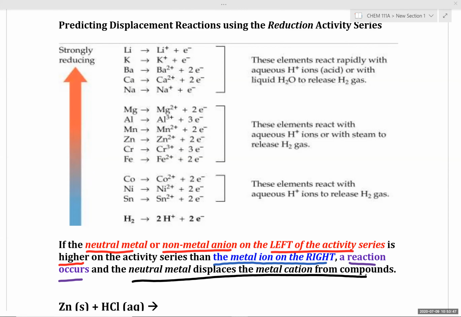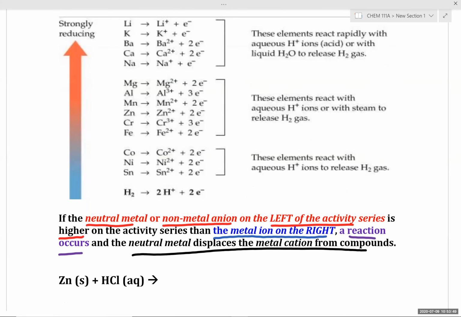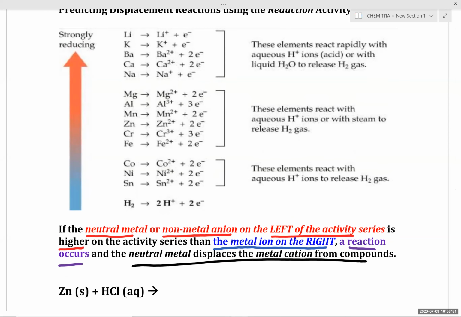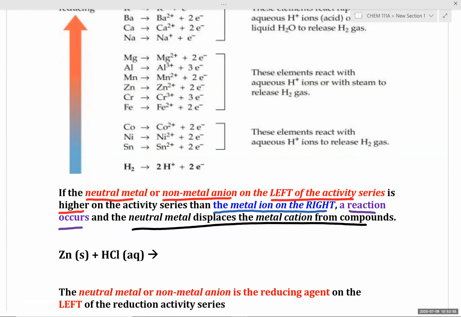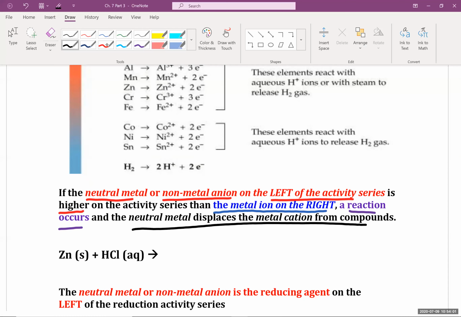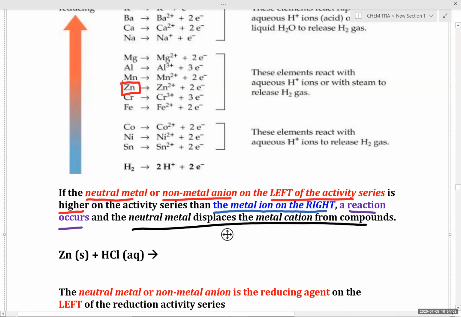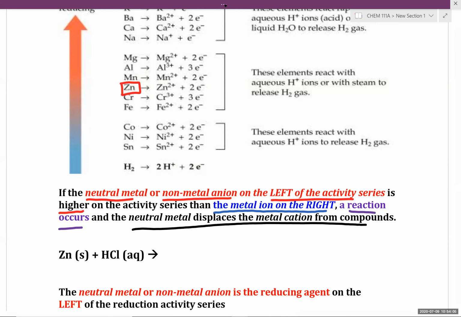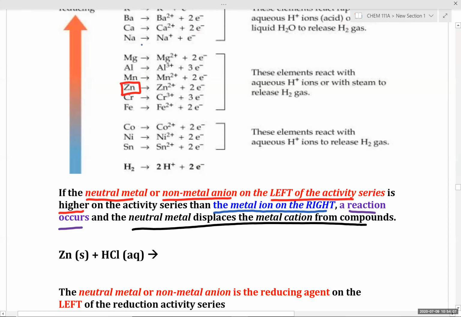Okay, so let's look at an example of this. Suppose we have zinc reacting with hydrochloric acid. Zinc is our neutral metal on the left-hand side. If we compare that to our metal or hydrogen ion on the right-hand side, is zinc higher than hydrogen?